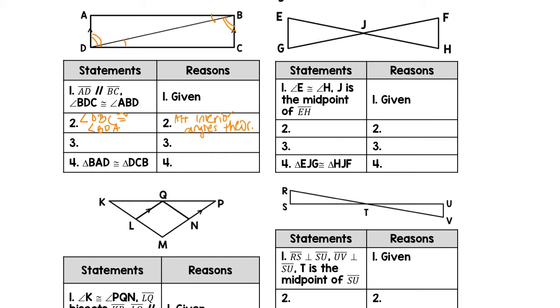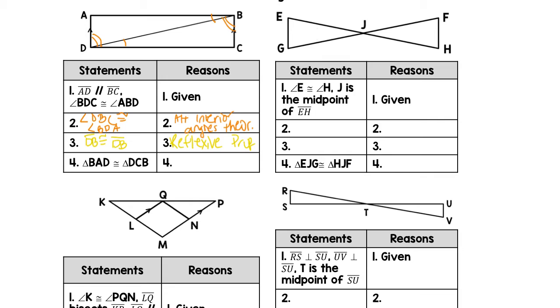Okay, we have two parallel lines and a transversal. If they're alternate interior angles, they are congruent. Then we've said this a bunch of times, if we have two triangles, like we do here, and they share the same side, we can say that segment DB is congruent to segment DB because of the reflexive property.